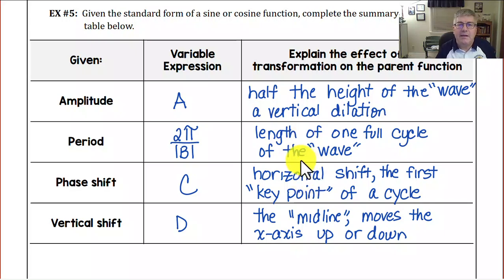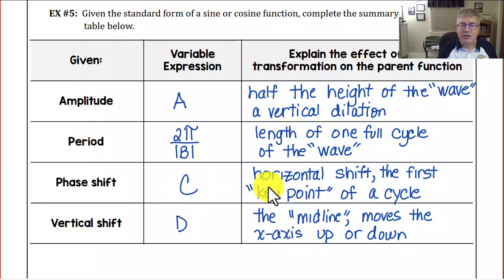And finally, in example 5, the summary below: the amplitude is given by a, and the amplitude is half of the height of our sine or cosine wave. It's a vertical dilation, and it's the height above the midline. Our period is 2 pi over the absolute value of b. It's the length of one full cycle.